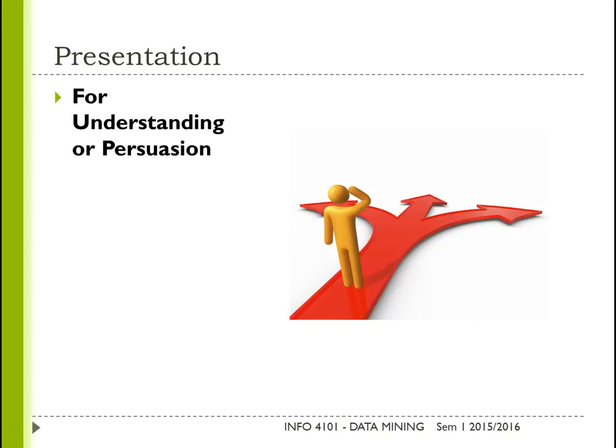So for example, let's just think about if someone is asking you directions on how to get from one place to another place. In this case, say this particular person wants to know how to get from Subang Jaya to IIUM here in Gombak.